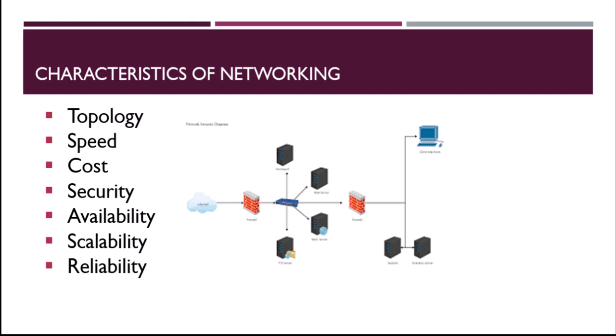Security is an important characteristic in networking. You need to make sure that your network is secure, and you need to apply all of the security models. You need to use firewalls, security mechanisms, access control lists, and whatever security measures you can take, you should take to secure your network, because users always want security.